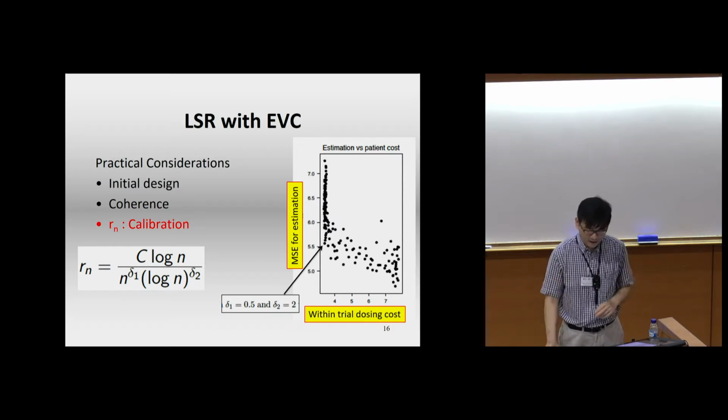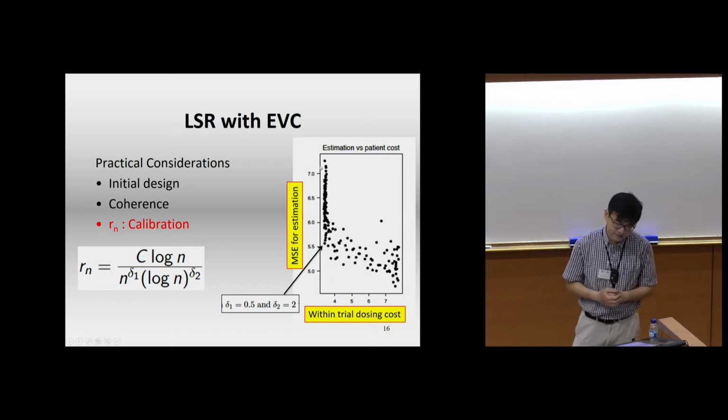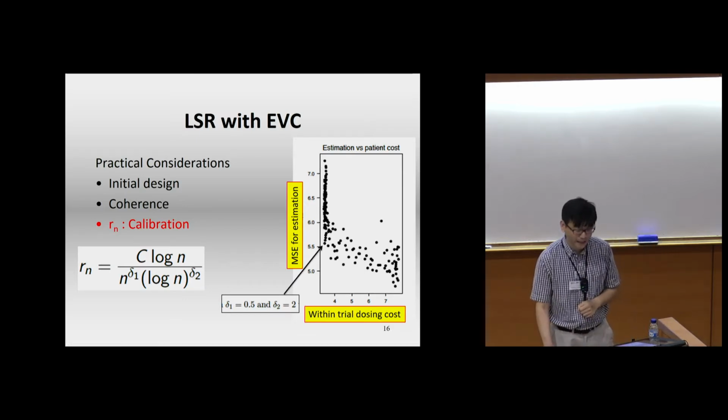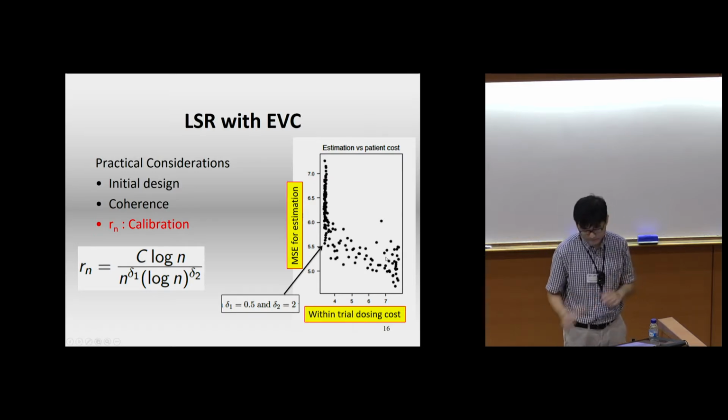There's nothing new in statistical theory. And likewise, in order to reduce the within dosing costs, we just don't have the ability to estimate at the end. So there's a clear trend of trade-off. So that's why we need to have some sort of quantitative definition on how to pick one.